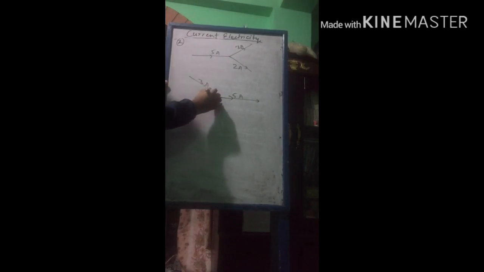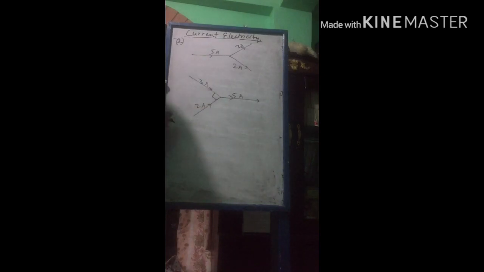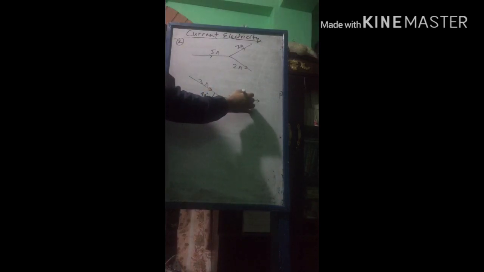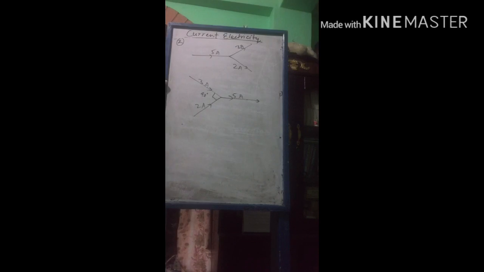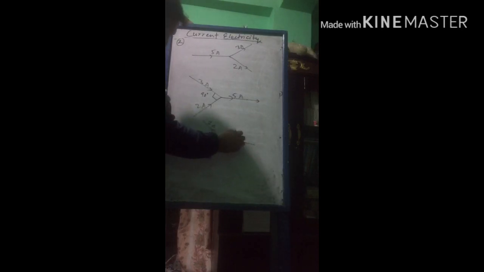But if the angle between these two conductors is 90 degree, then this resultant current cannot be obtained by the vector law of addition. Suppose 3 ampere current flows in this direction and 2 ampere current flows in this direction, the resultant current will be 1 ampere, so it follows the direction also.